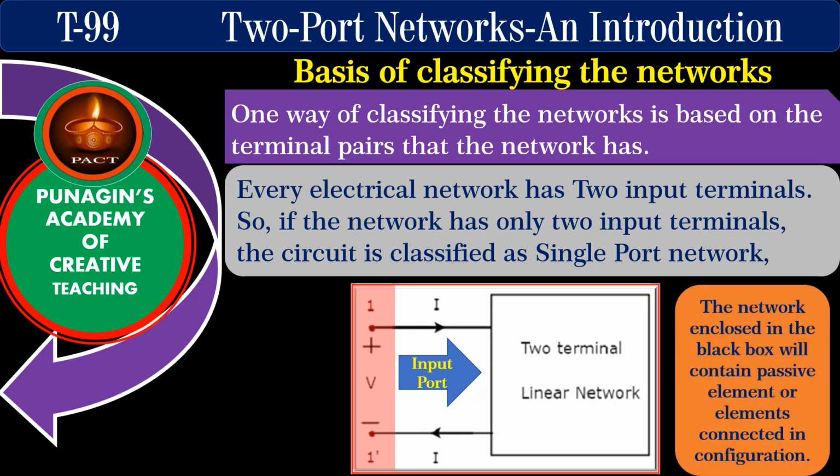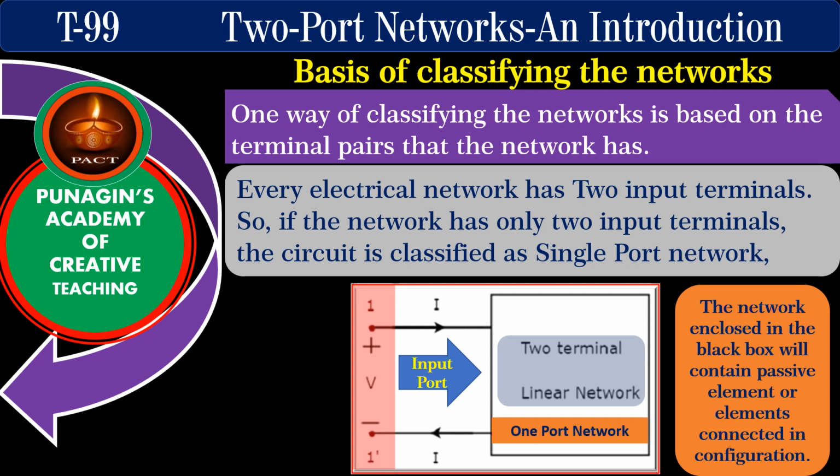Further, the network contained in the black box will contain only passive elements connected in some configuration. Another property that you should know is, because it has two terminals, it can be called a two terminal network, or it has one port, so it can be called a one port network.